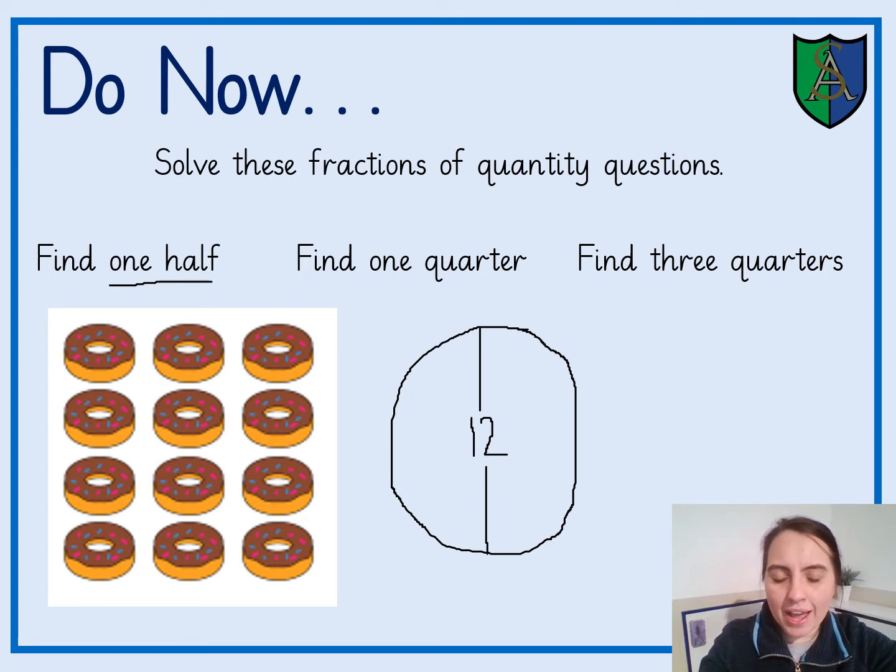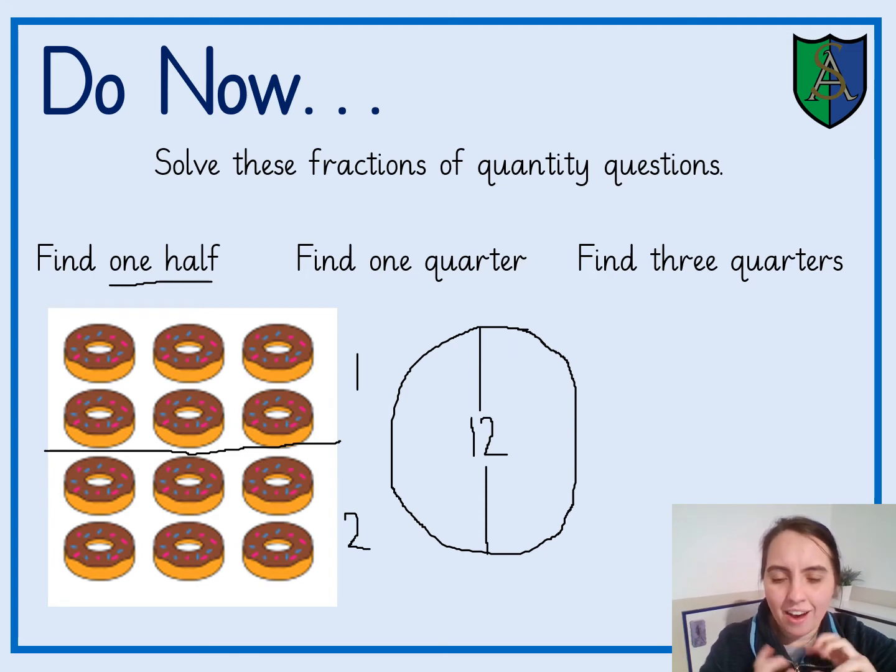I'm going to do that now with my picture, and I wonder if any of you can tell me what 1/2 of 12 is worth. Here's one group and here's 2 equal groups. There's one group on my pie and another group on my pie.